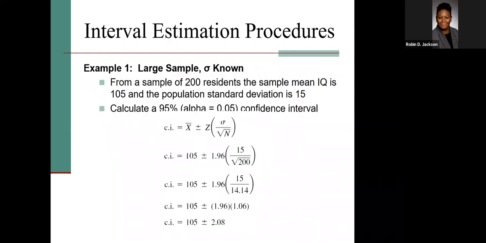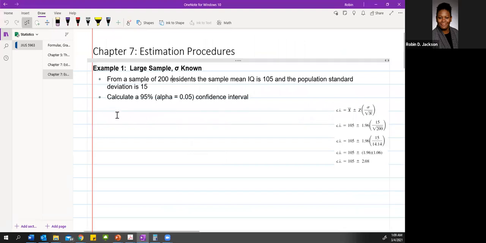Okay, so this is going to be example 1. At this point, I'm going to switch over to my OneNote. It's the same thing you just saw in the PowerPoint, but rather than try to write around all the stuff on the PowerPoint, I'm going to do it here.